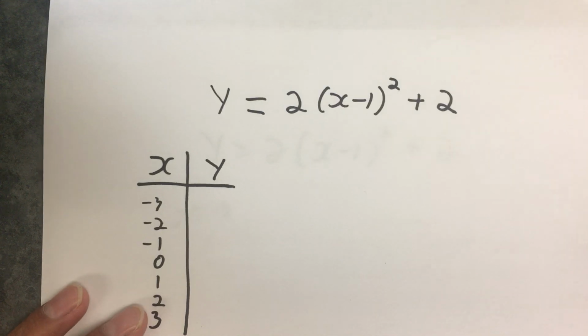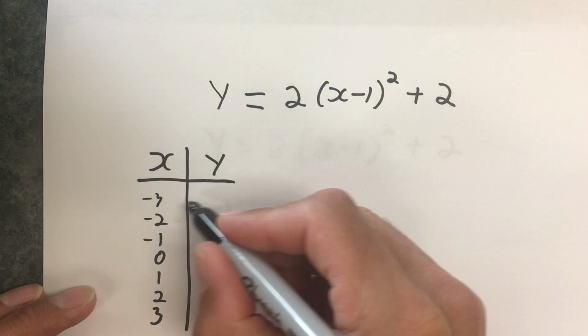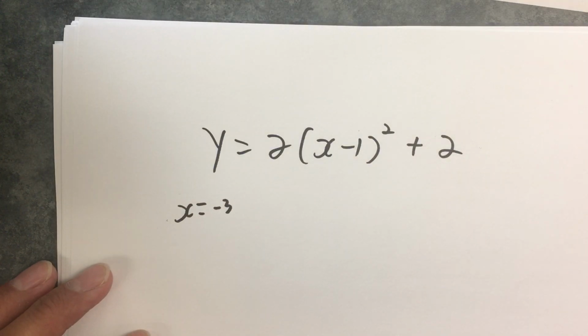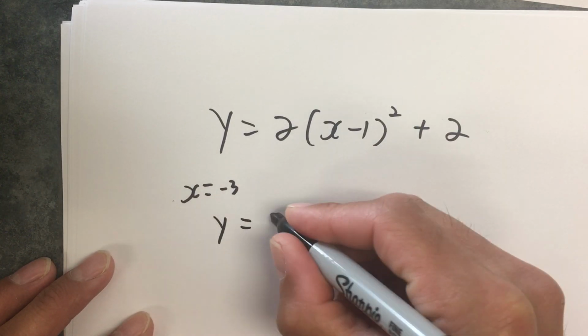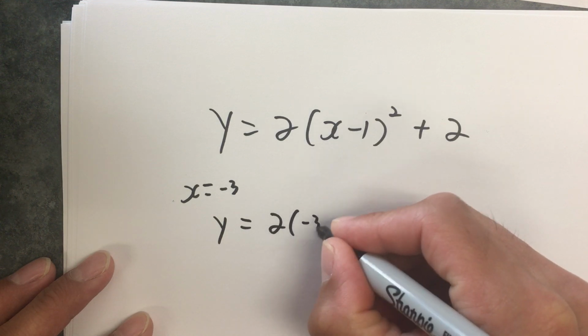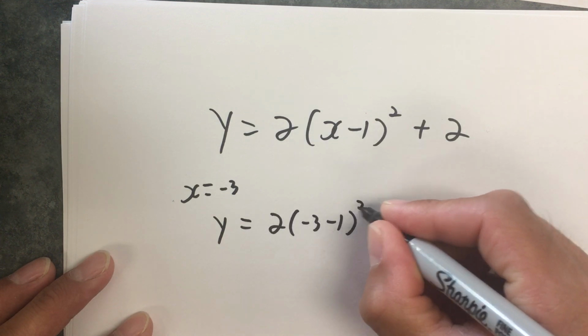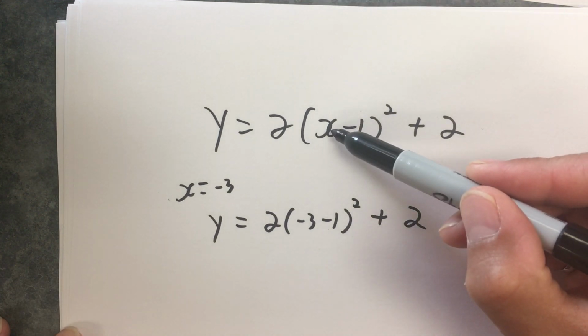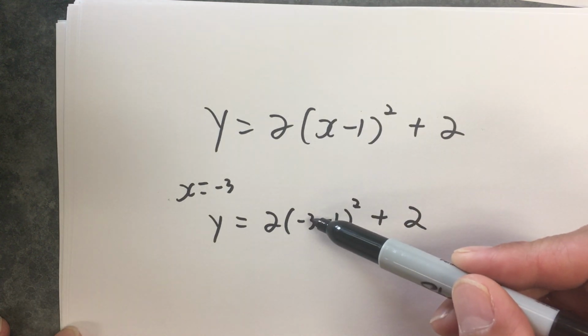So again, what I'm doing is I'm going to find the y value that goes along with x being -3. So y is equal to 2 times (-3 minus 1) squared plus 2. So look closely. All I did was I took x out and I put -3 in its place.